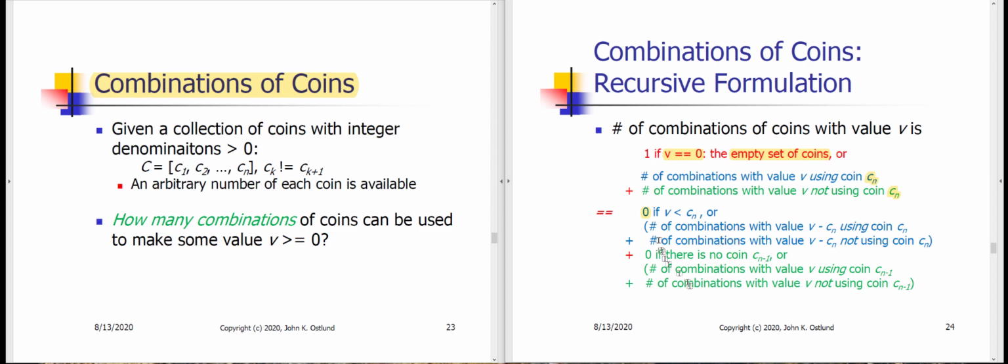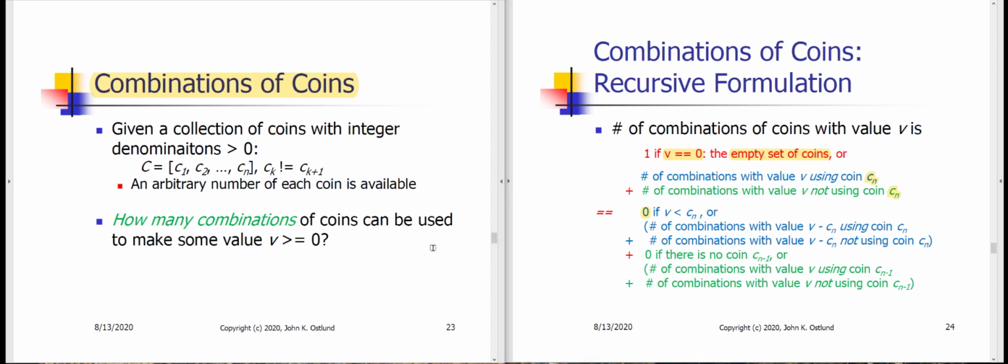Okay, well, now we have stopping criteria. We have a stopping criterion for the situation where the coin Cn has a greater value than the value of change we're trying to produce. We also have a stopping condition for the case where there's only one coin and we've already used it.